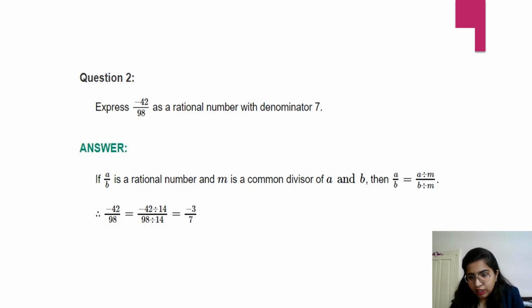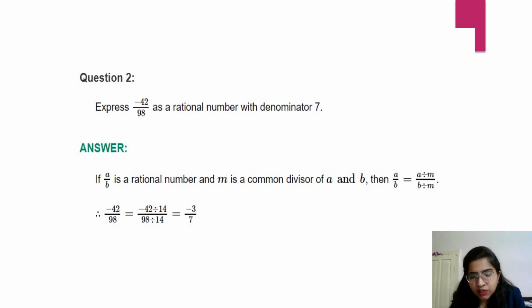Okay, divide. Now listen to me carefully. You have to make 98 as 7, so you just divide 98 by 7. 98 divided by 7, you will get 14. Now you have to divide both numerator and denominator by 14.